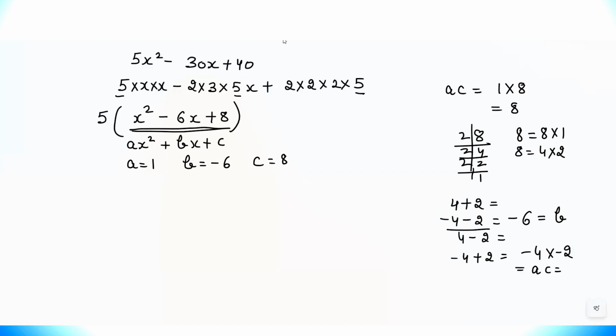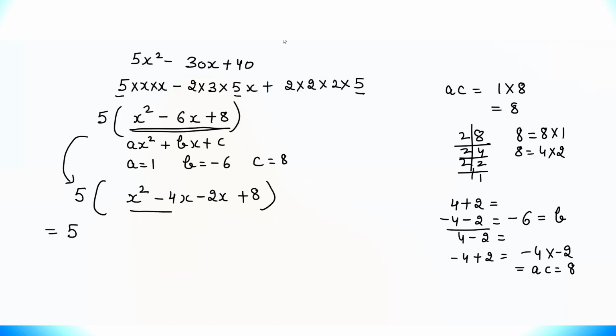So yes, it is giving me 8. That means I'll write here 5, which is already there. We will not leave this 5, but inside the bracket we'll write x squared minus 4x minus 2x plus 8. Then first 2 terms, next 2 terms.